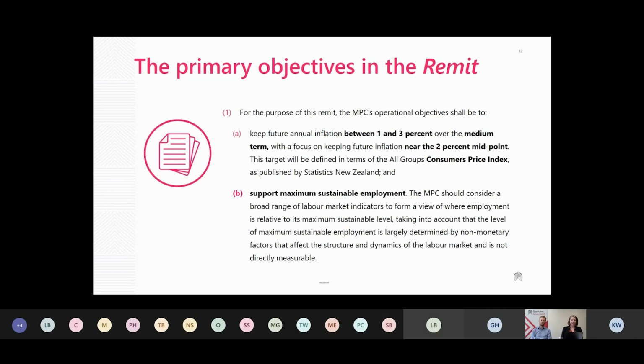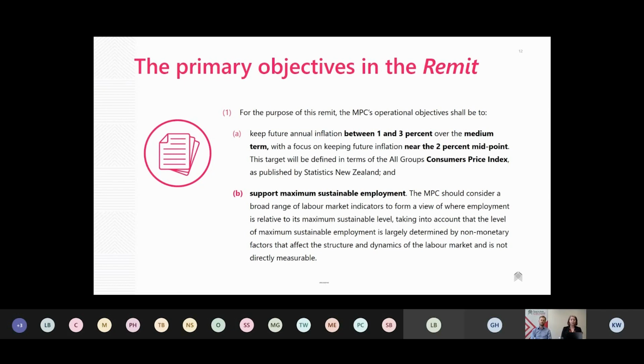But looking at the inflation target, there are some key choices that need to be made. We need to consider what level the inflation target should be set at, and whether there should be a band around that, and if so, how wide that band should be. We need to decide what measure the inflation target should be based on. Should it be the consumer price index as it is currently, or something else?